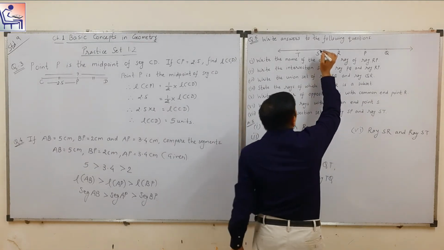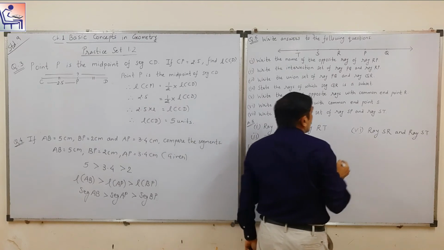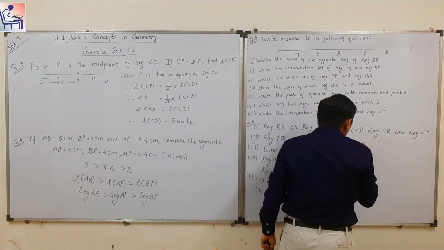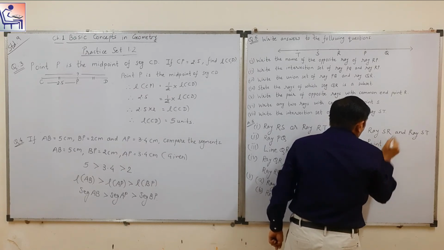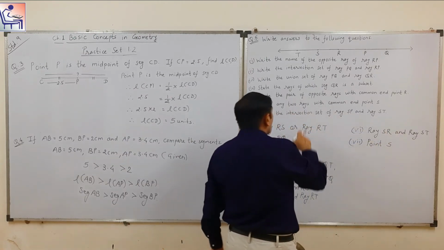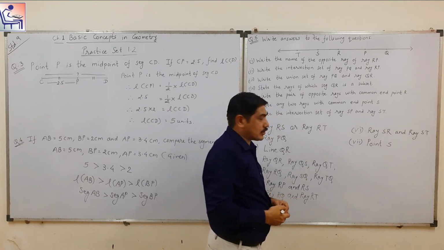So only this point S is common in both the rays. So here we can say that point S is the intersection set of ray SP and ray ST.